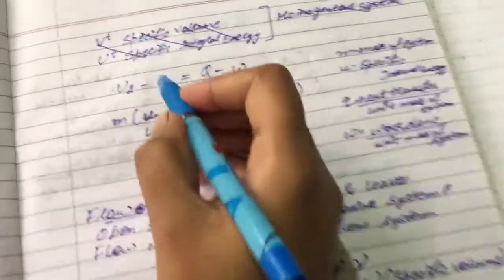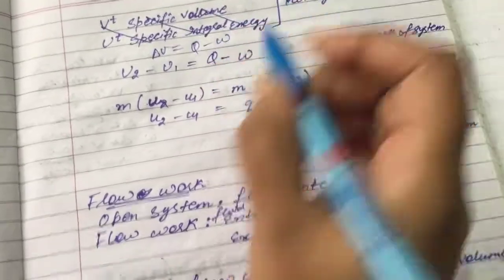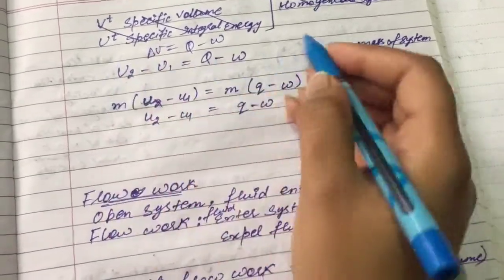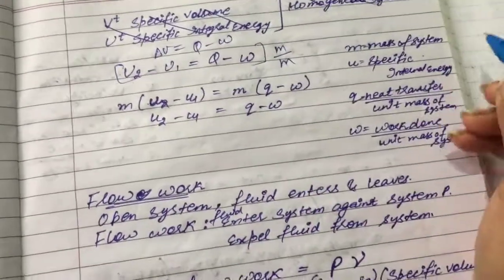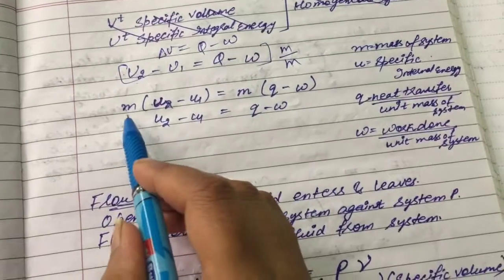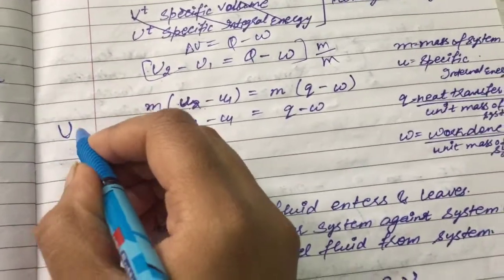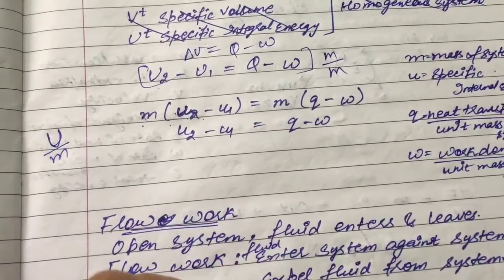Next we have delta U is equal to Q minus W, U being internal energy. If we divide and multiply this equation by the mass of the system, we get m into small u2 minus u1, capital U being the internal energy. When it is divided by m, it gives specific internal energy.